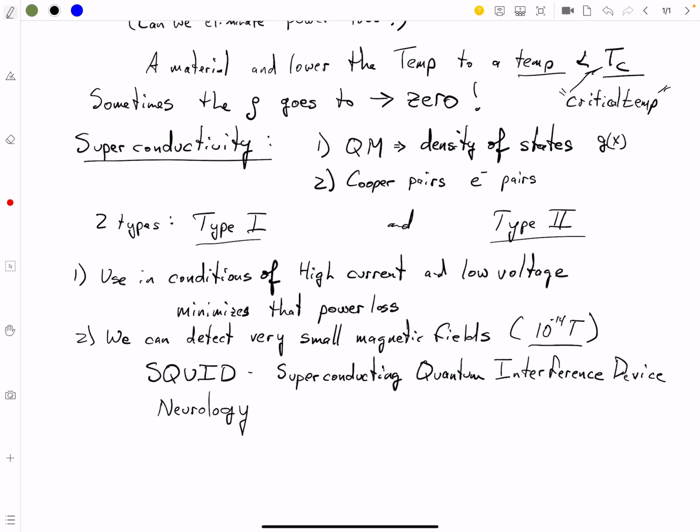So we've got neurology. Another aspect when we're trying to detect these very small fields is nuclear magnetic resonance, aka, because nobody likes the word nuclear, MRI. It has nothing to do with decays of nuclear objects. It has to do with the spins of the nucleons, the nuclei.